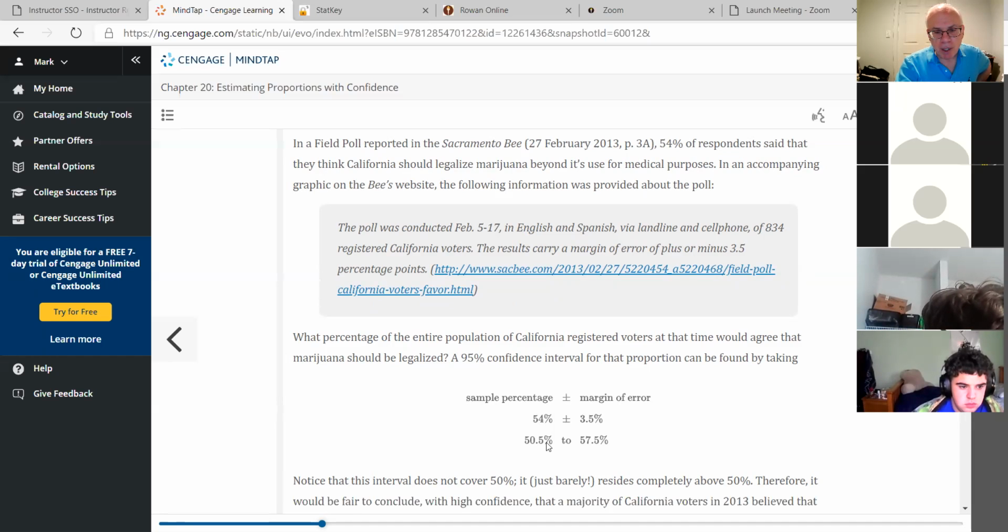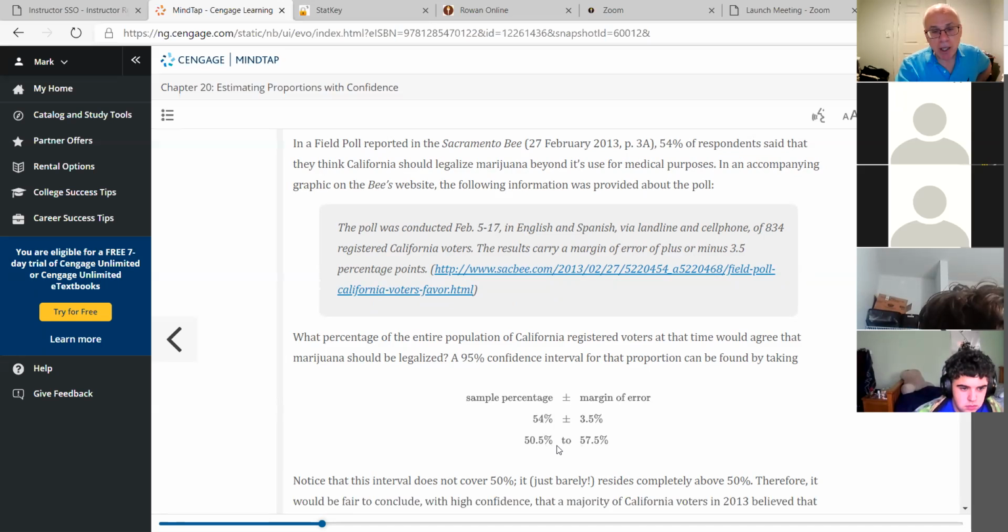So in each and every case, whatever confidence interval we come up with, we will not say that the probability that the true population proportion is between those two values is 95%. We will not say that. That's not the probability. It's not a probability.